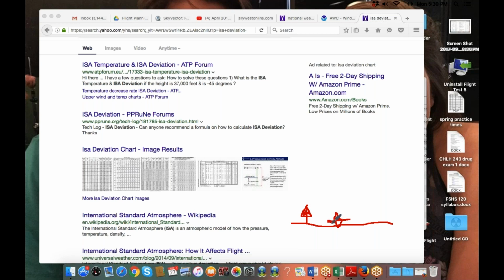Here's our little plane. And then this is our runway. So down here, we're looking at 15.